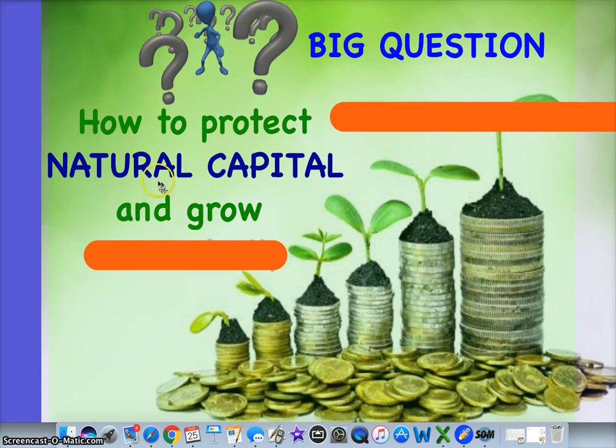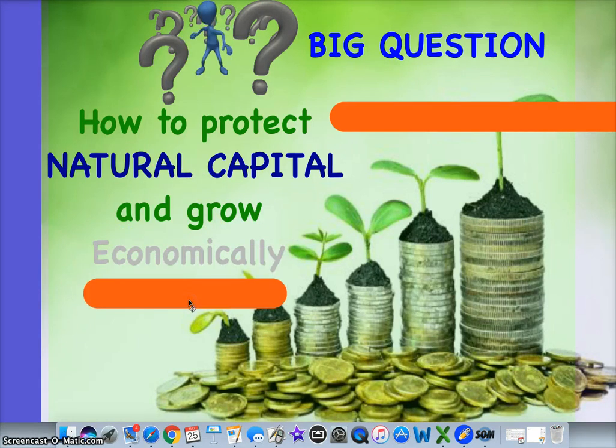Good. How can we protect everything Earth provides us and the way it does, and grow financially? Be wealthy and be green. So if you want to narrow down that whole page, it's how can the country grow and have money, but stay green and think of the future and live sustainably?